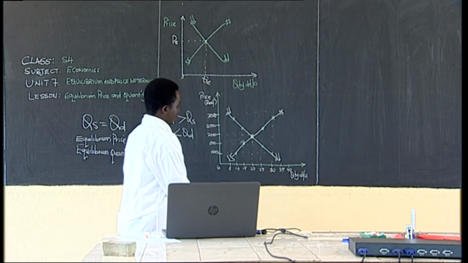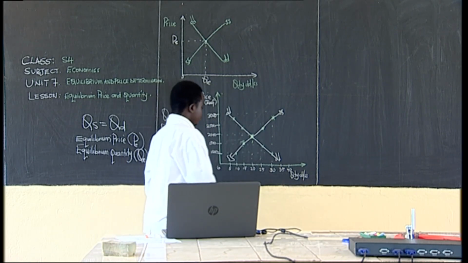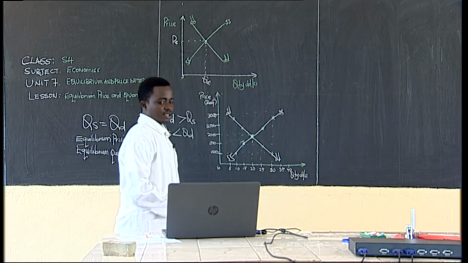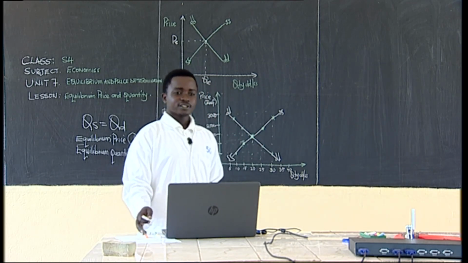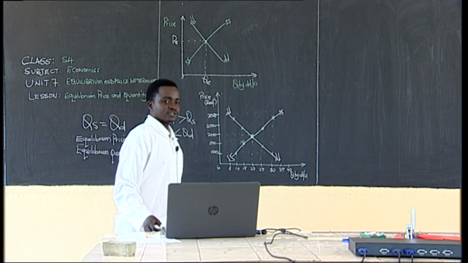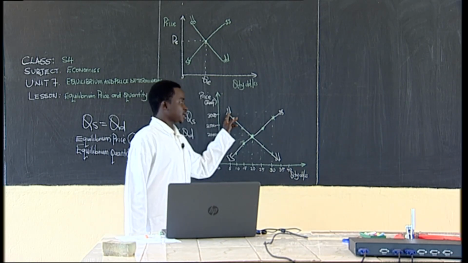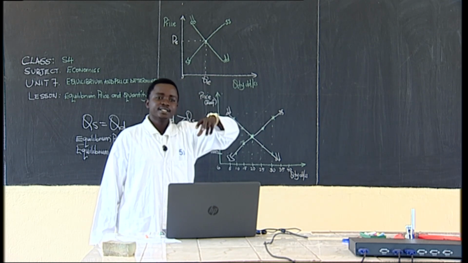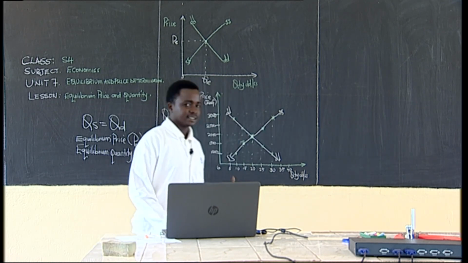How can we now determine equilibrium quantity and equilibrium price? So you have to check the intersection of the two curves, the demand curve and the supply curve. You have to check where the two are meeting, where the two are intersecting.